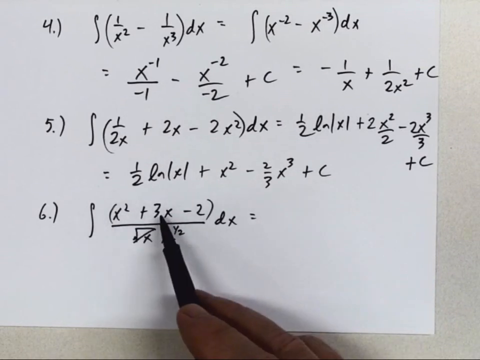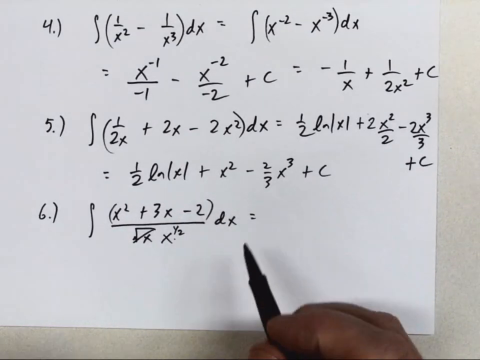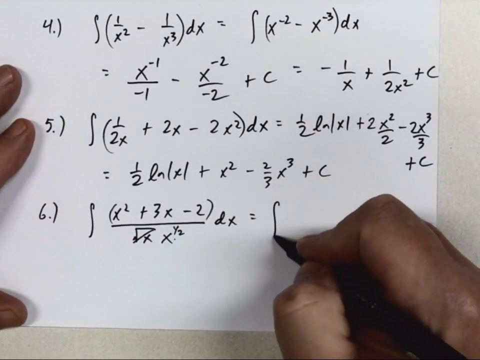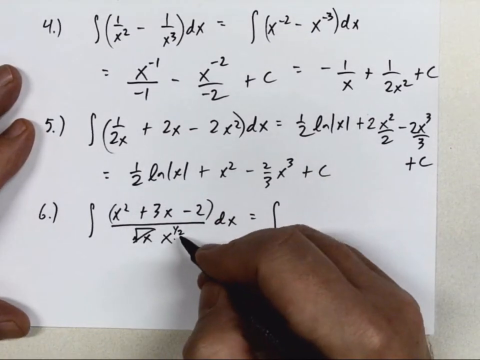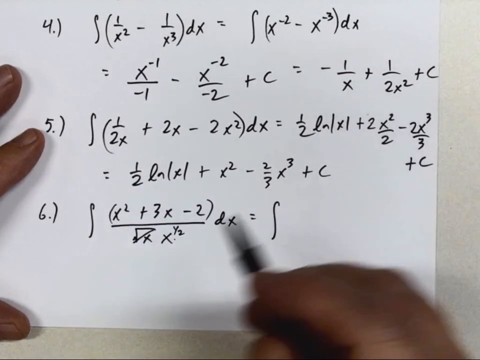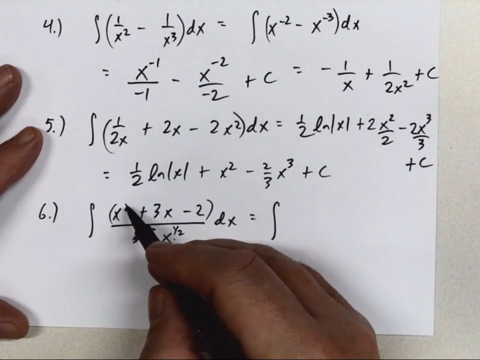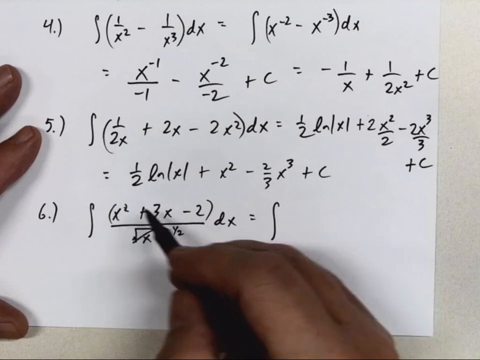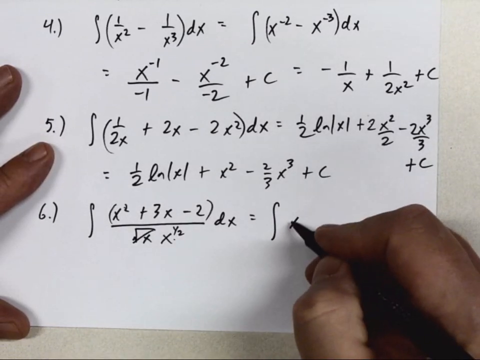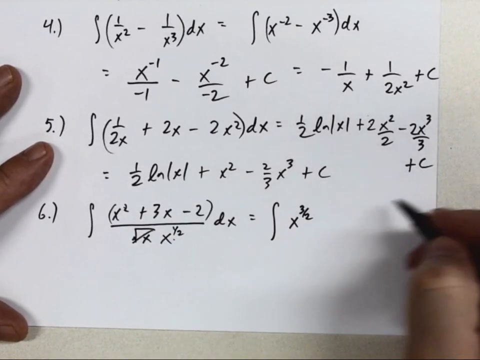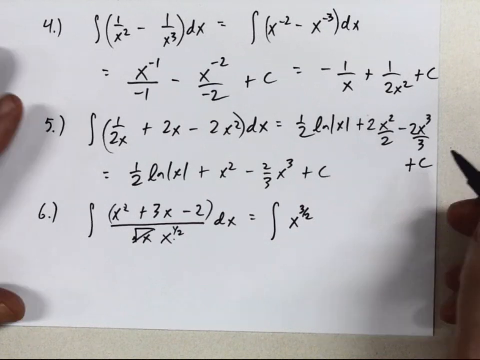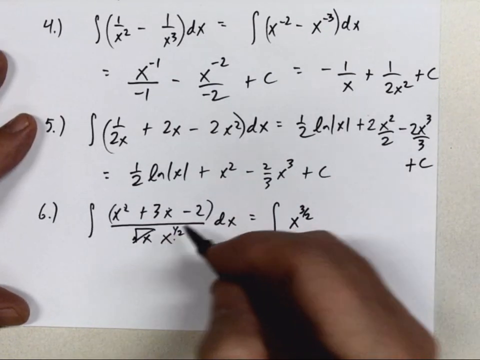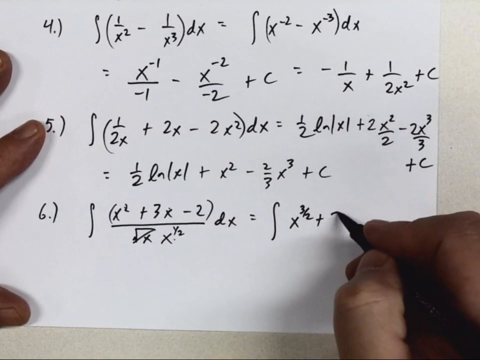I can break this up into 3 separate fractions. So x squared over x to the 1/2, the quotient rule says you end up with 2 minus 1/2, so x to the 3/2. And then 3x over x to the 1/2.